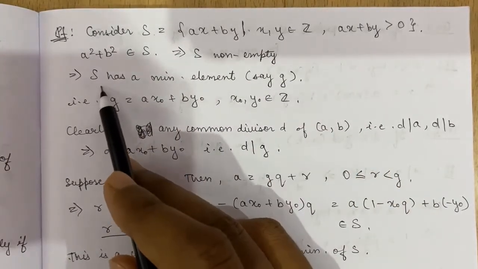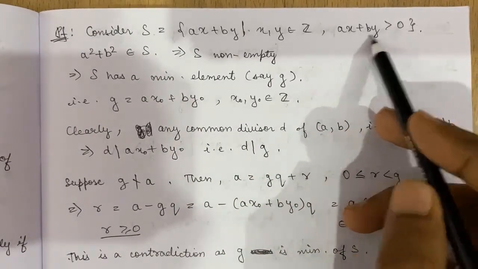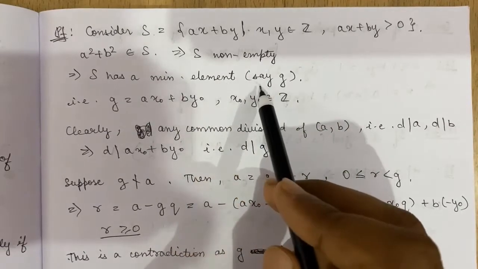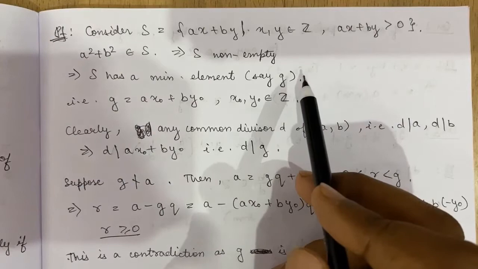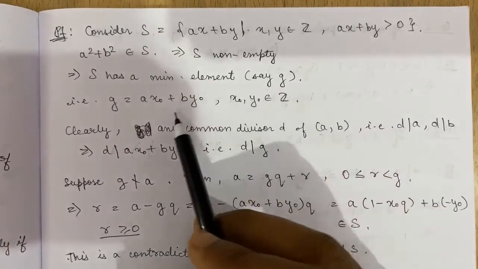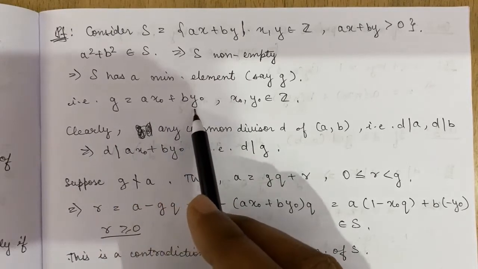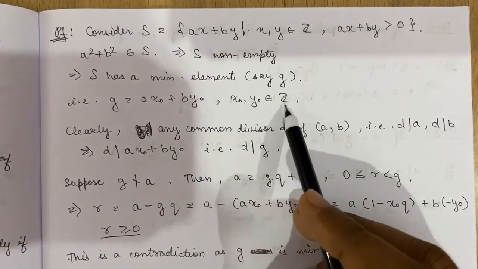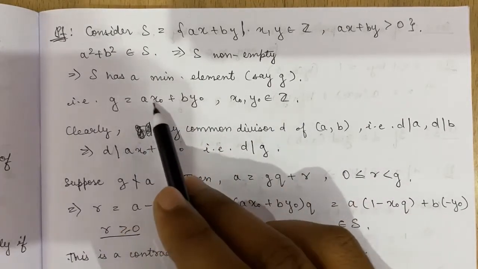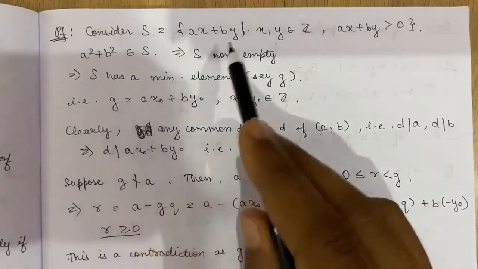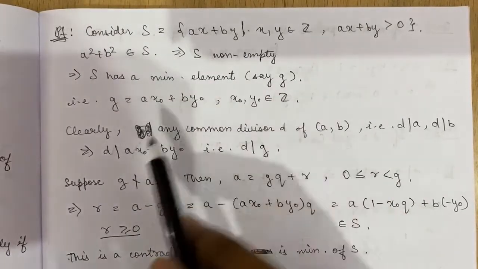All the elements of S are greater than 0, so S would have a minimum element, say G. We'll prove that this minimum element is the GCD of A and B. So G equals A x0 plus B y0, where x0, y0 belong to Z. x0 and y0 are integers because G is of the set S, so G is of this form.